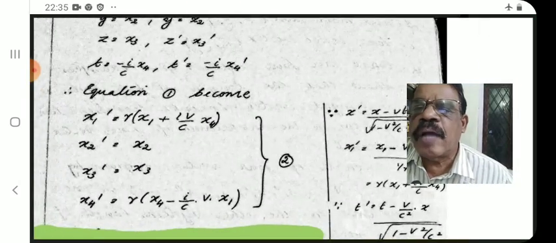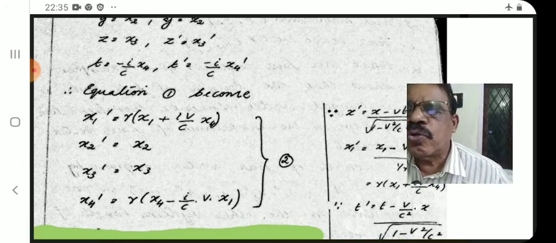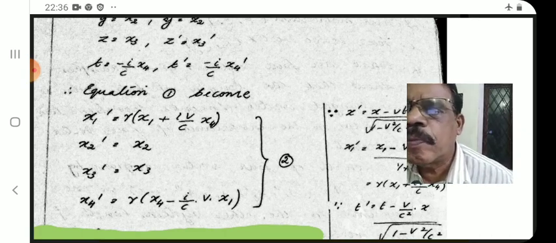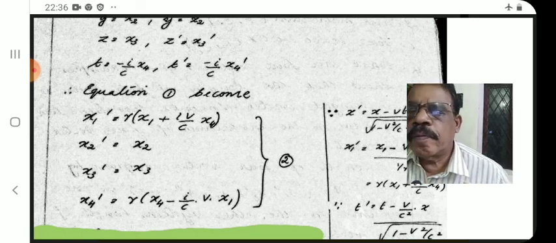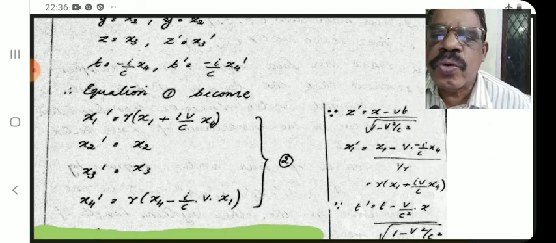So equation number 1 becomes x1 dash is gamma into x1 plus iv by c x4. Gamma is 1 by root of 1 minus v square by c square, and that conversion I have shown in the margin.